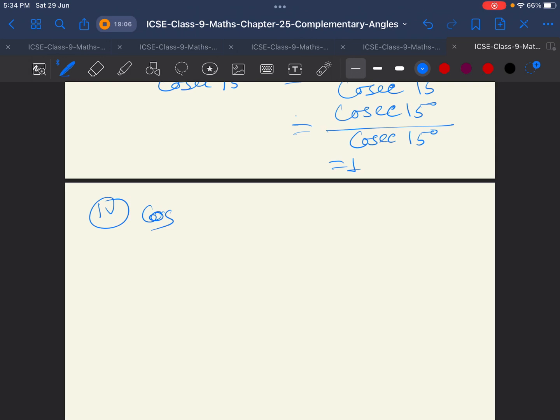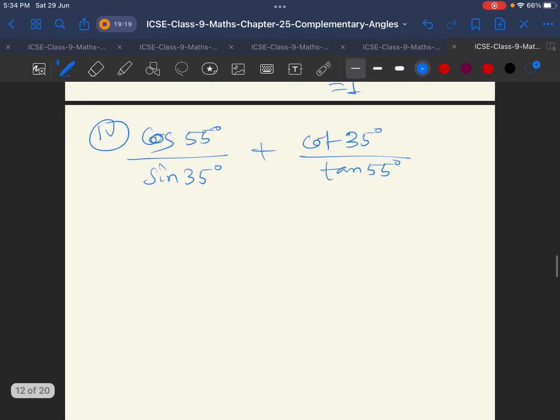Now 4, cos of 55 degree by sine of 35 degree plus cot of 35 degree by tan of 55 degree.